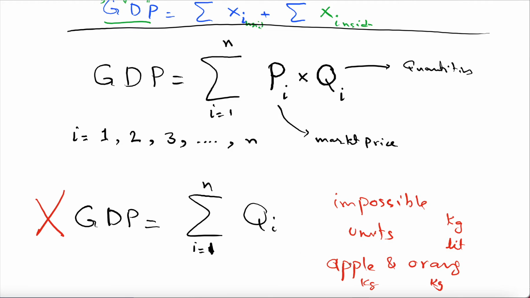So we cannot say that, okay, 1 kilo apple, 1 kilo orange, let's top them up. This is wrong because they are two different things. And this summation is impossible. But if we multiply by their prices, this is dollar, and the dollar value of apple can be topped with the dollar. So same unit. We need a same unit, and that is the Omani Rial or the dollar.